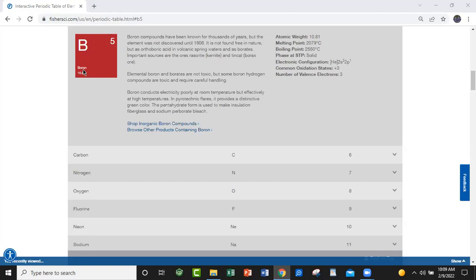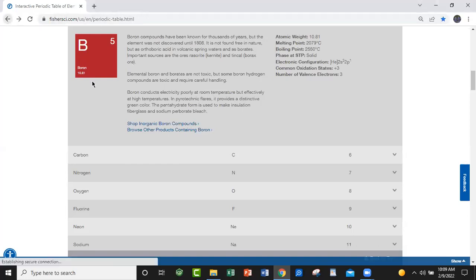There are 2 known isotopes of boron, boron 11 and boron 10. When you write the isotope out, you'll write the atomic mass up top and the atomic number below it. I'm saying that because we're going to see some examples where the isotopes are expressed that way.